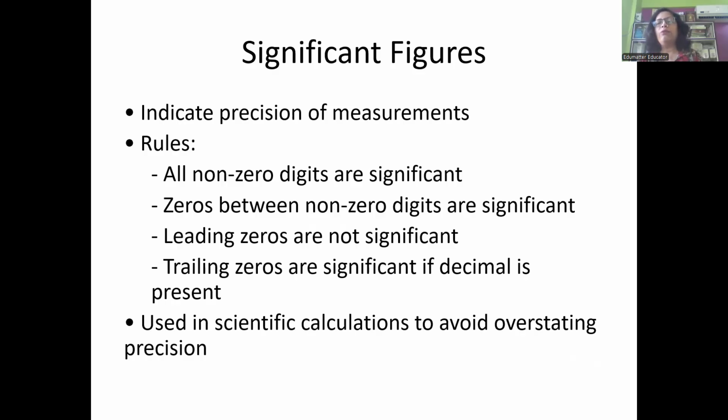Leading zeros will not be significant. Trailing zeros are significant only if a decimal point is there. So these are used in scientific calculations to avoid overstating precision. We should be precise, but not too much. Too much of anything is not good.